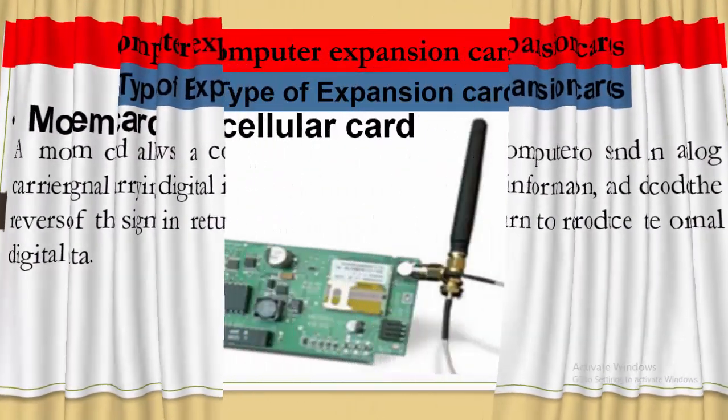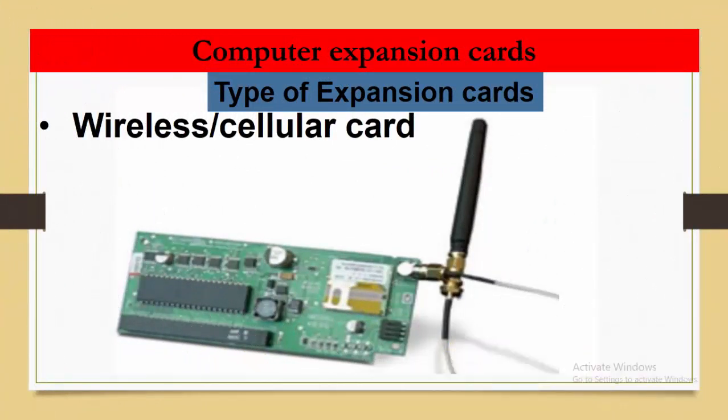The next one is wireless cellular card. A wireless card, as you are seeing in the figure, is used to provide a computer with the capability of connection to a radio-based computer network rather than one which is connected using wires.